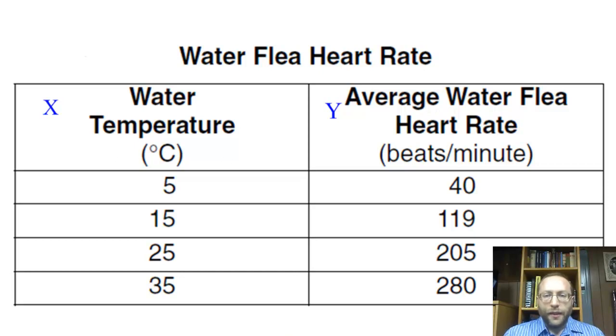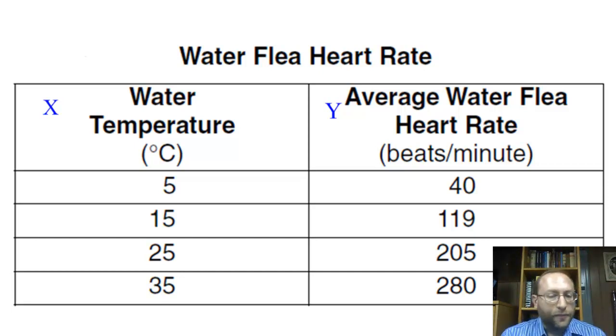If the water flea heart rate starts beating faster and faster, will that make the water temperature go up? Or will it make it go down? Or is it the other way around? If you increase the water temperature, will that make the average water flea heart rate go up, or will it make it go down?